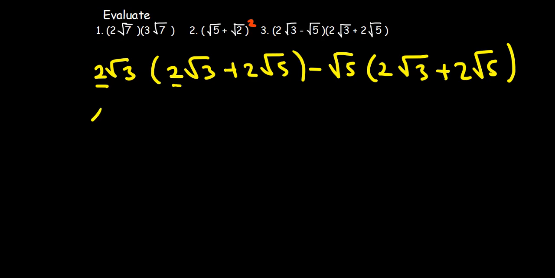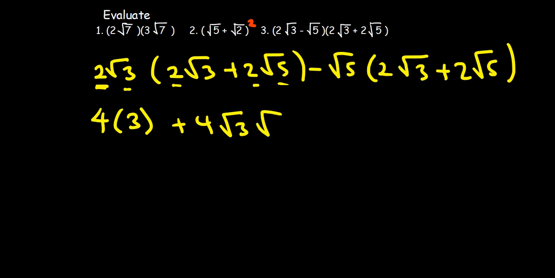Then they have a square, so the square will cancel and we will have 3 remain, so that will be 4 by 3. Then we multiply the second part, 2 by 2, we get 4. Then these are different, so we just bring them there, 3 and root of 5.